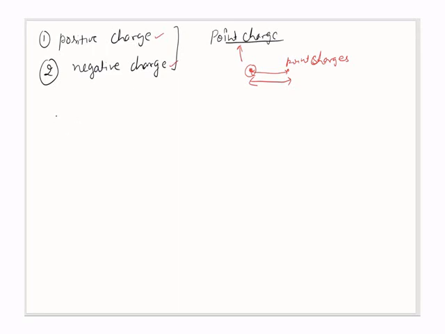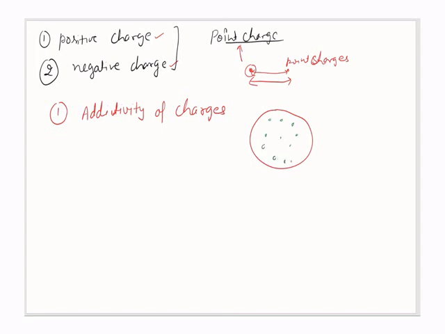The basic properties are three, and the first property is additivity of charge. That means, suppose we have a system, inside this circle, containing many charged bodies. Let us call them Q1, Q2, Q3 and so on.